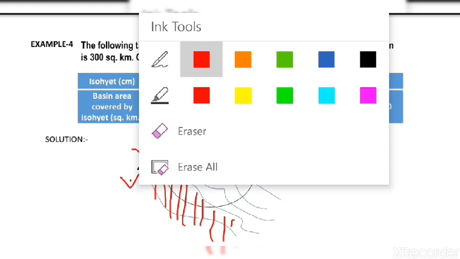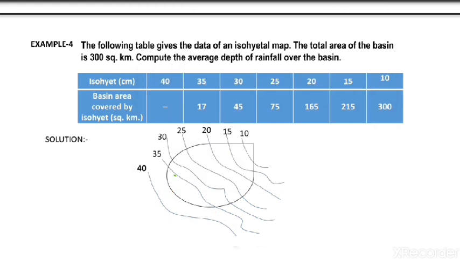Sorry, this means the total area is not covered in the basin, because this portion is outside the basin. Only this portion is included in the basin.